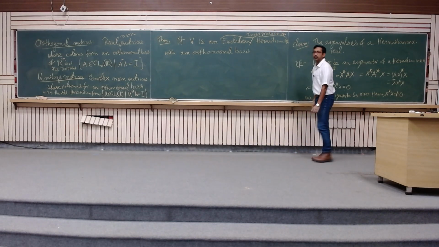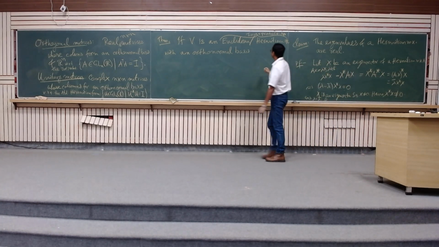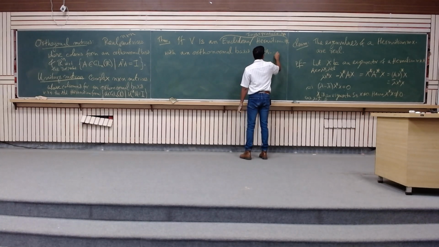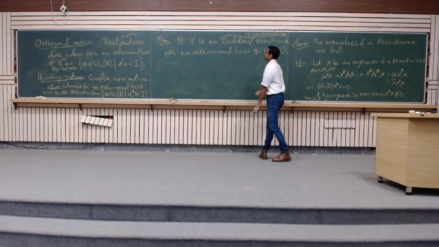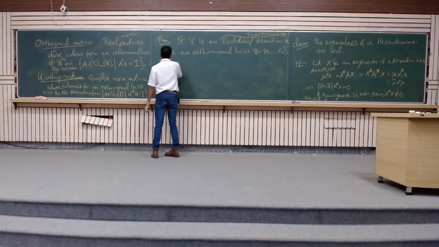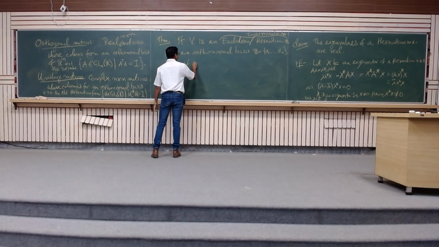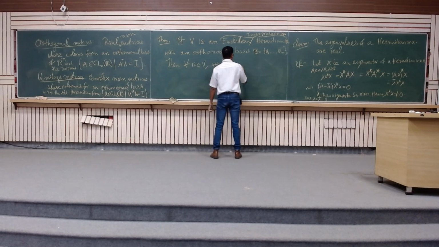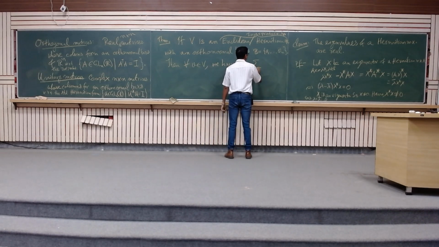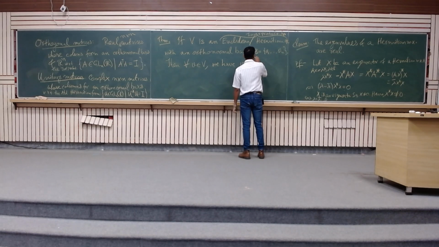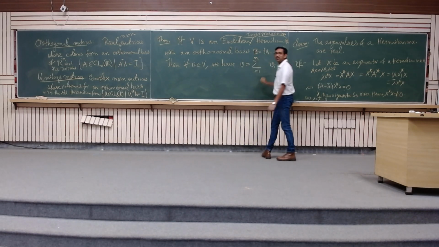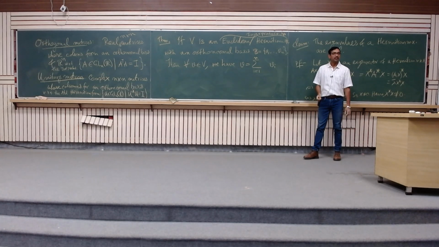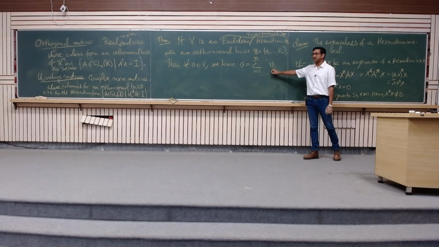say B equal to V1 dot dot dot Vn. Then for all V in V, we have V is equal to the summation, i running from 1 to n, of the coefficient times Vi. What will the coefficients be?